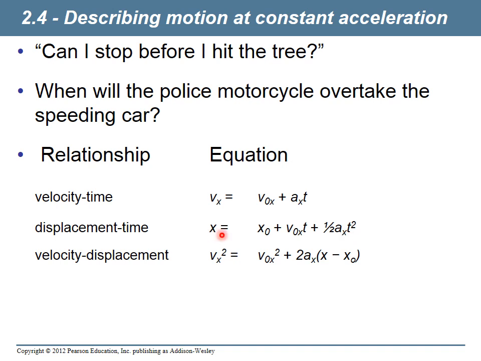So x is equal to x naught plus v naught xt plus 1/2 axt squared. We also have a relationship between velocity and displacement.